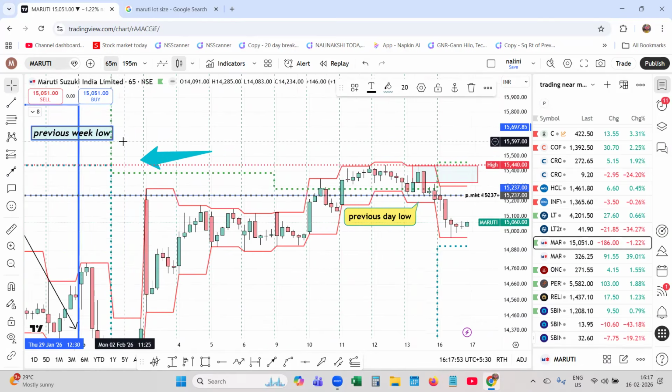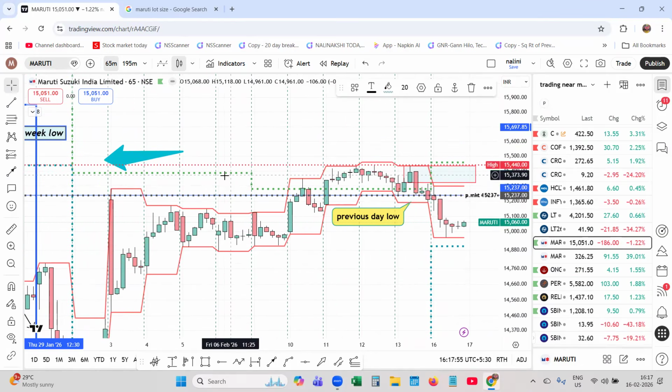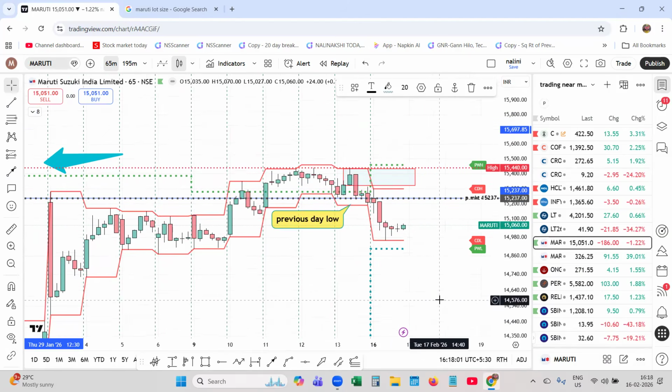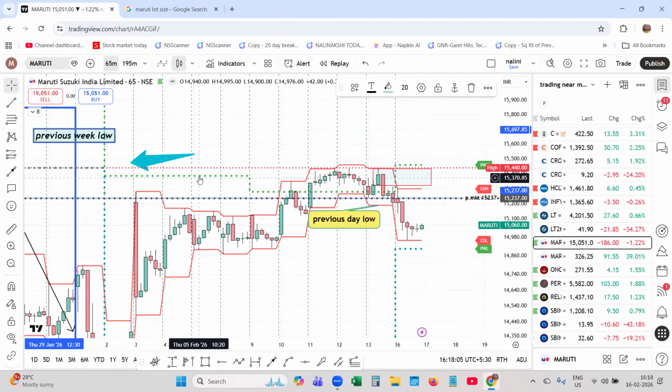previous week low, and this light green color is the current week high. That is the previous week high. See, this is the entire previous week.